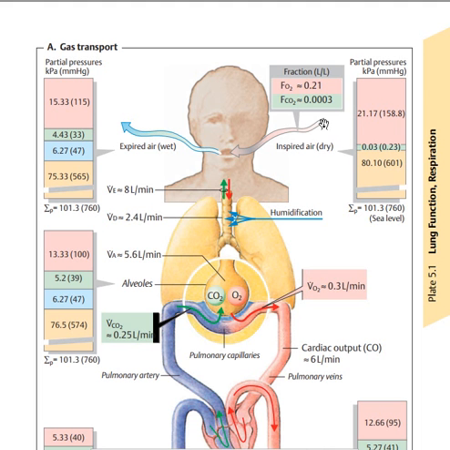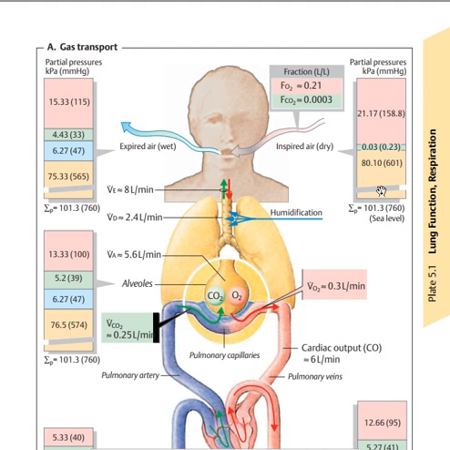According to Dalton's law, the partial pressure of each gas is the mole fraction times the total pressure that the gases exert. Since the total pressure is 101.3, you multiply it by 0.21 in the case of oxygen and 0.0003 for carbon dioxide, and so on.